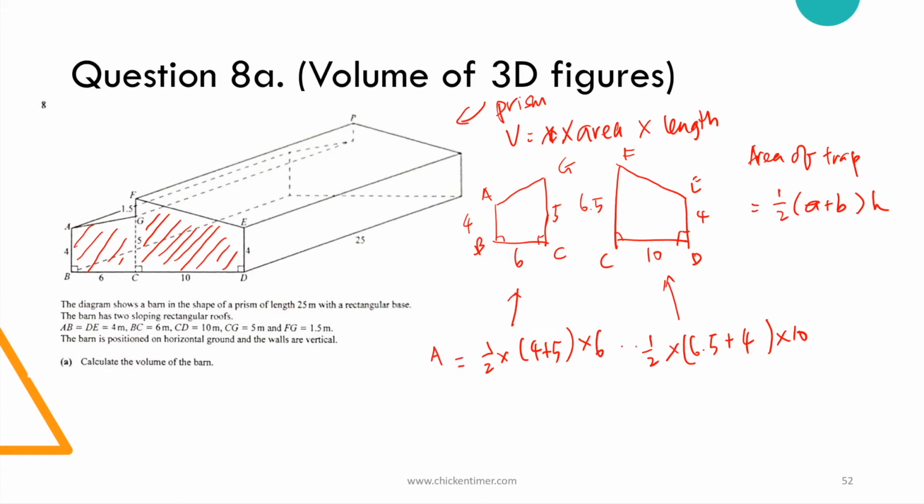The area is this plus this, so 79.5. Volume will be 79.5 times 25.